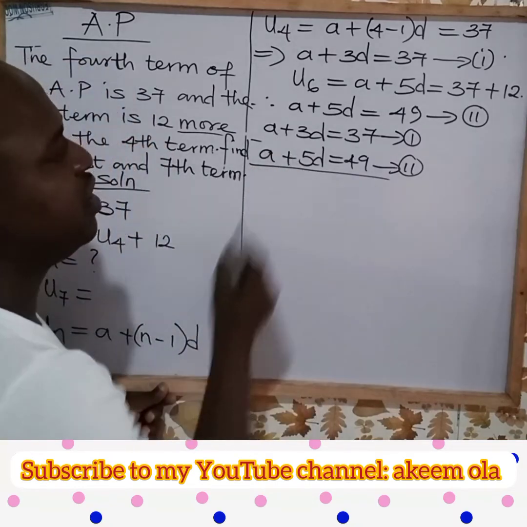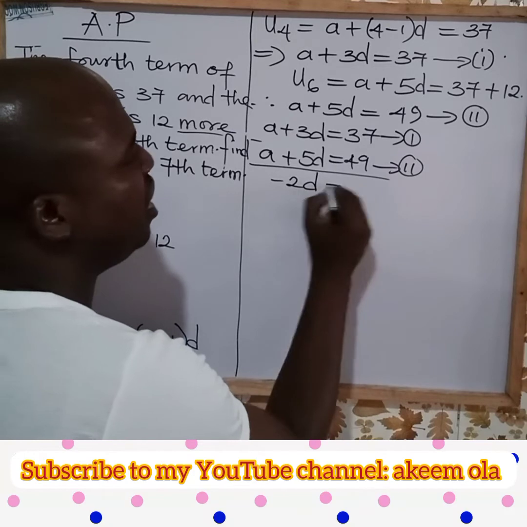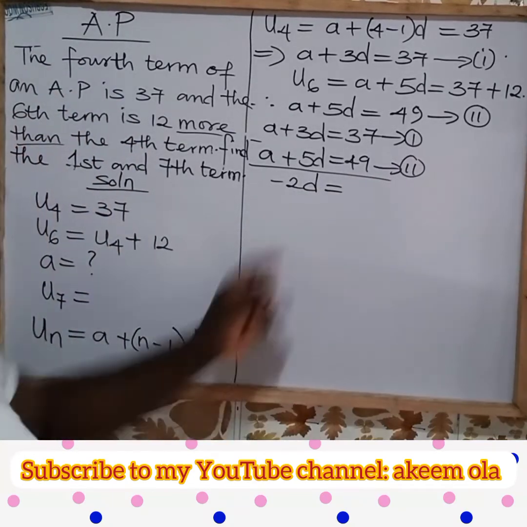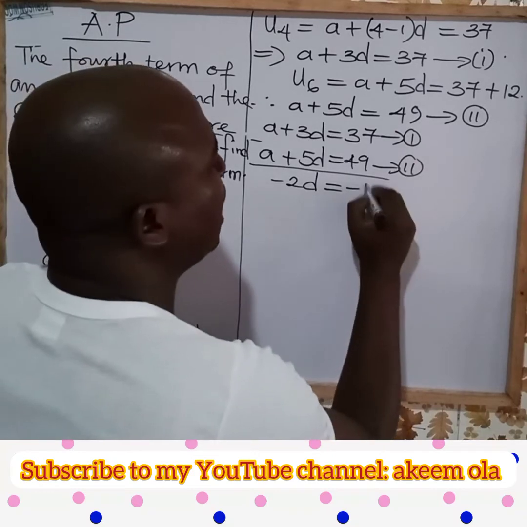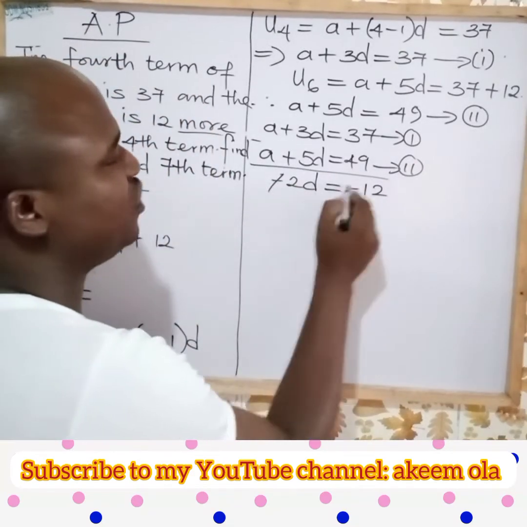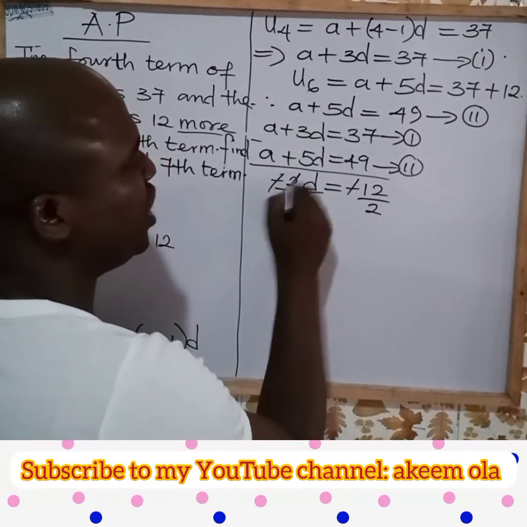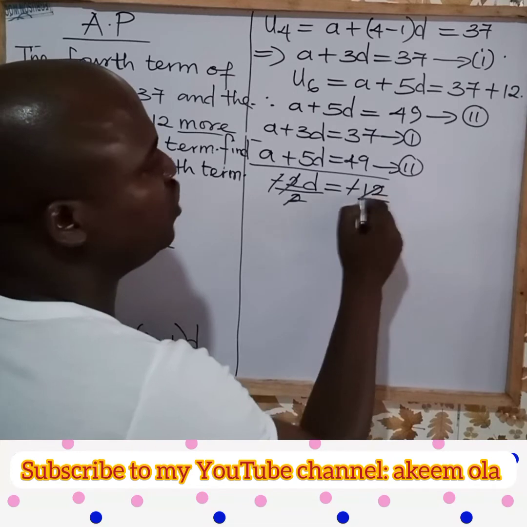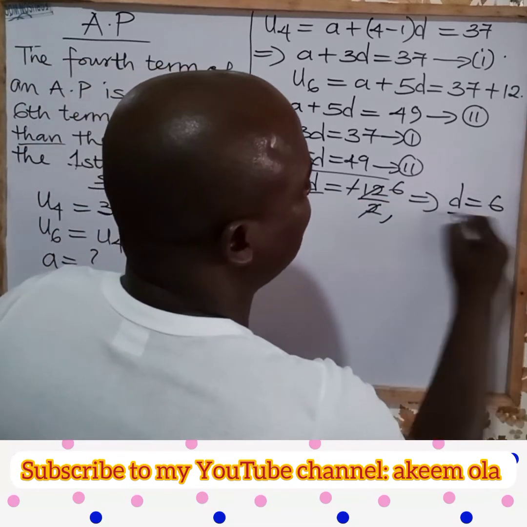A minus A is 0, 3D minus 5D is minus 2D, and 37 minus 49 gives minus 12. The minus is on both sides, so it cancels. Dividing both sides by 2, this implies our D is equal to 6.